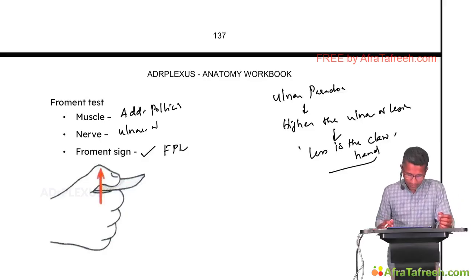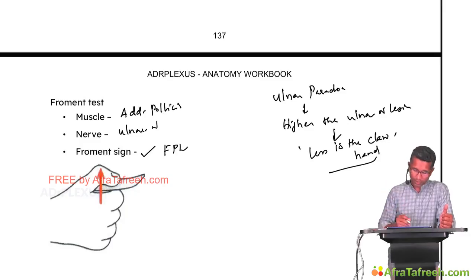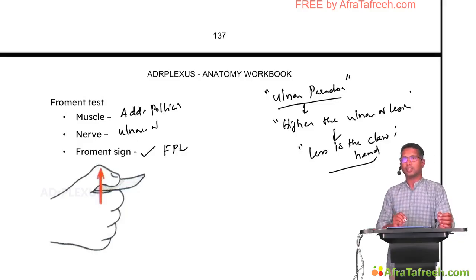Can you understand what the ulnar paradox is? Normally, higher the nerve lesion, more severe is the deformity, but for the ulnar nerve alone, higher the nerve lesion, less is the deformity or less is the claw hand. This is called the ulnar paradox.